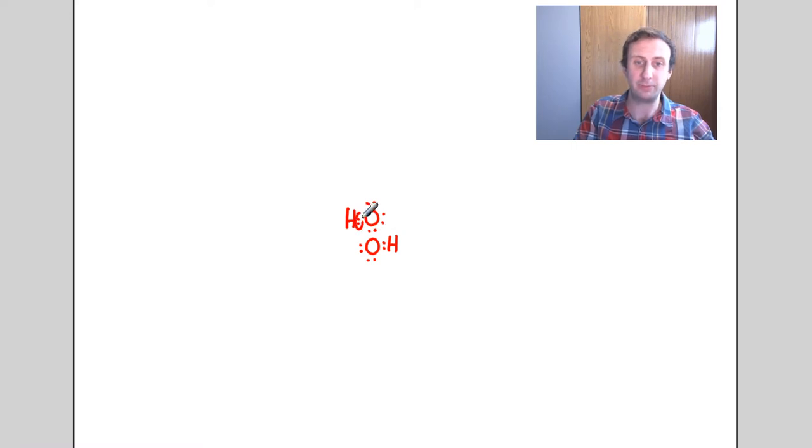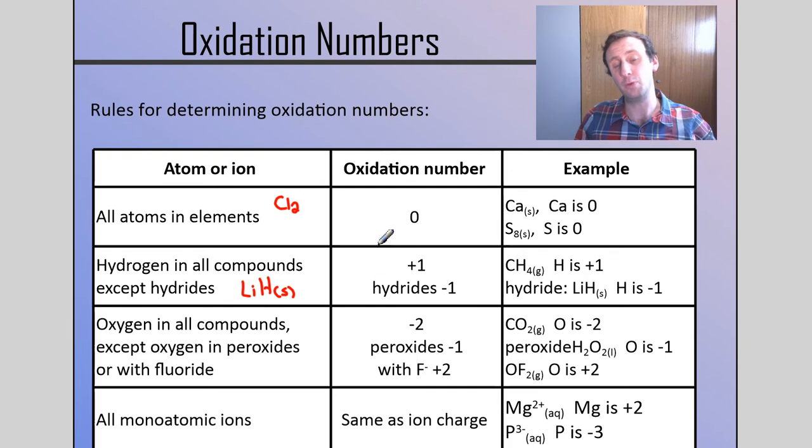But this pair between hydrogen and oxygen gets attributed to O, giving it -1, and then this pair gets attributed to O, giving it -1. These hydrogens, of course, will be +1, but that's why in a peroxide, it ends up being -1, because of the fact that an O-O bond is not polar. Both have equal electronegativity. So in other words, it's not going to end up pulling the electrons away in order to get it for the oxidation number.